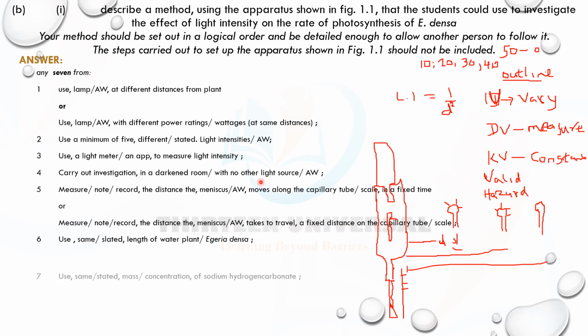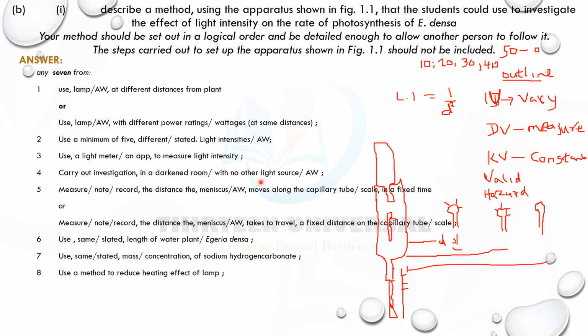Stated length of water, please attempt to keep constant. This is a simple thing to do, guys. Now of course you have to reduce the heating effect of the lamp, because the lamp produces heat, and heat introduces temperature change. Temperature can actually affect the rate of photosynthesis, so you have to remove it by absorbing and reducing the heat effect.